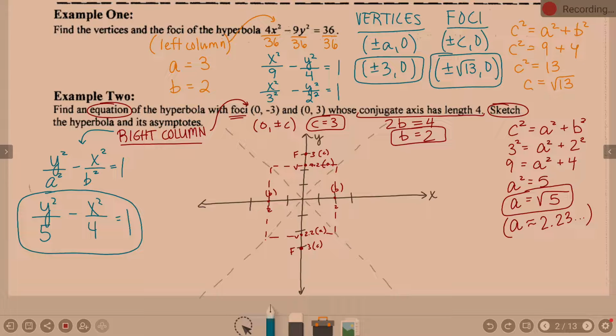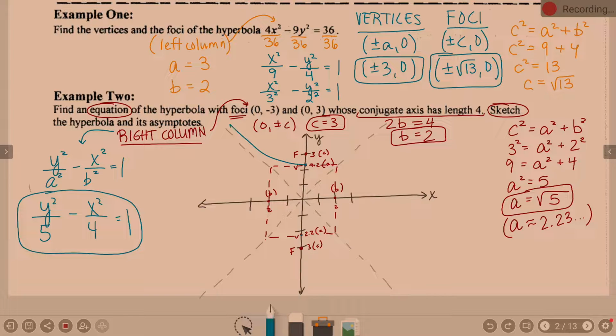Now, my hyperbolas: where do I find where to put the hyperbola? We're going to use our vertices. Right here, I had a vertex, and right here, I had a vertex. They were my A values, right? So we're going to use that to draw our hyperbola.